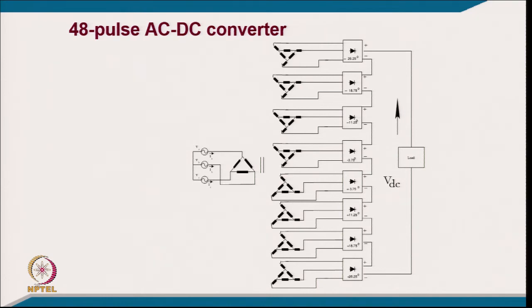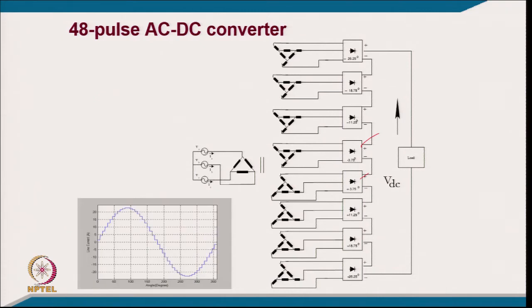The next is the 48 pulse converter. 48 pulse converter means you are using 8 converters of 6 pulse, and 60 by 8, you will find the phase shift here is typically 7.5 degrees, and you can see here 3.75, 3.75. So from this to this it will be again 7.5. All consecutive converters will have 7.5 degrees, and all transformer secondaries are also identical with extended delta to provide this much phase shift from the original phasor.